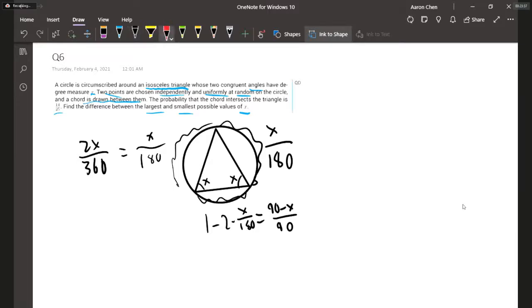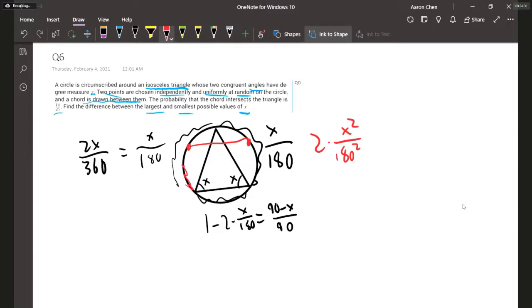And now, the probability that the two randomly selected points are on this arc and this arc, which is one of the ways in which the chord can intersect the triangle, is 2 times x squared over 180 squared.